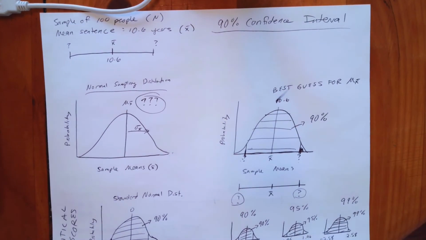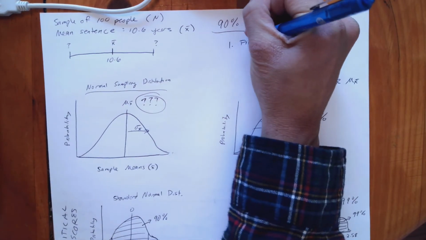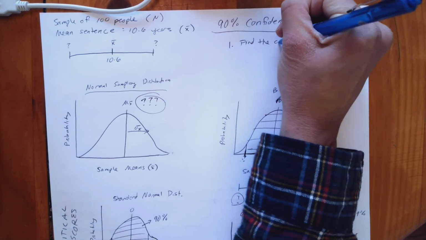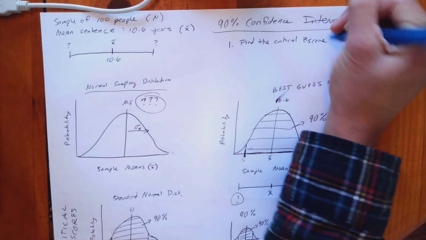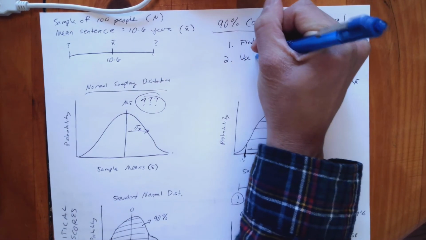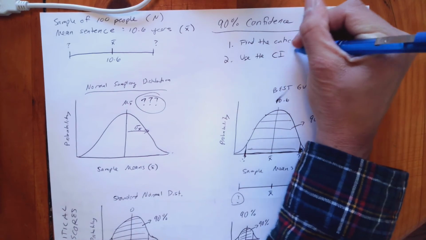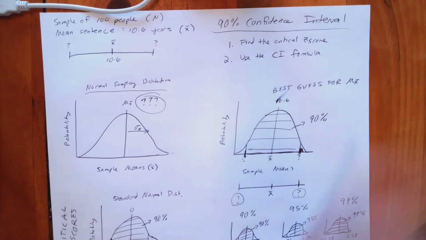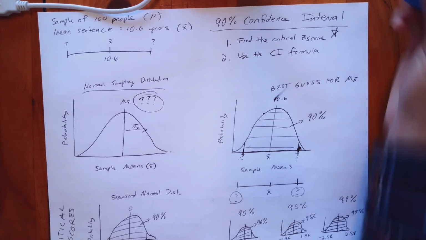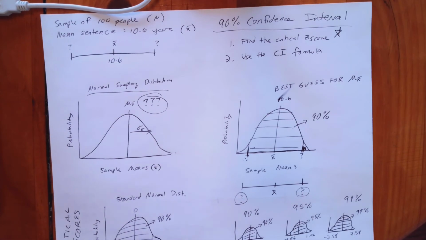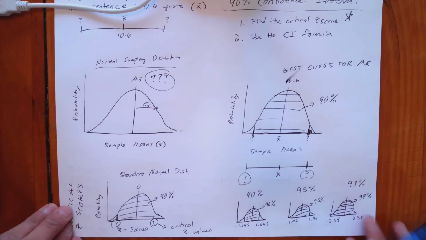But if you remember on the last slide, we had two steps to finding our confidence interval. So our first one was find the critical z-score. And the second one was to use the confidence interval formula. So on this page, I described what the confidence interval is a little bit, but then I mostly have focused on finding that critical z-score.